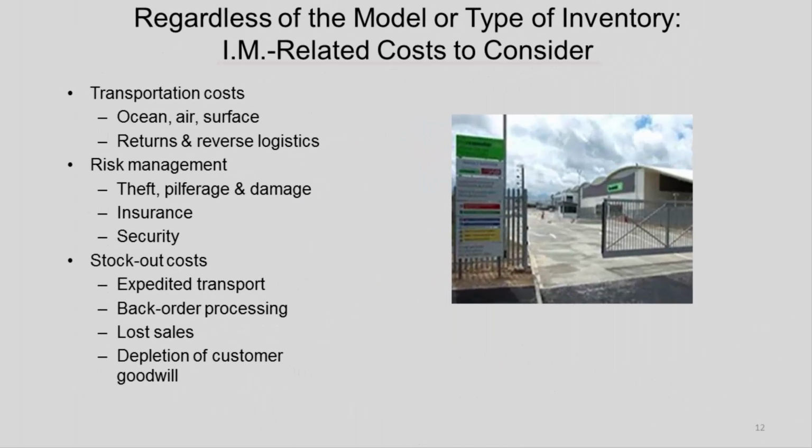Some other inventory management related costs to consider, and these become really important in an international environment. Transportation costs, ocean freight, air freight, which is considerably more expensive than ocean freight, surface, be it truck or rail in Europe or the United States or Asia.